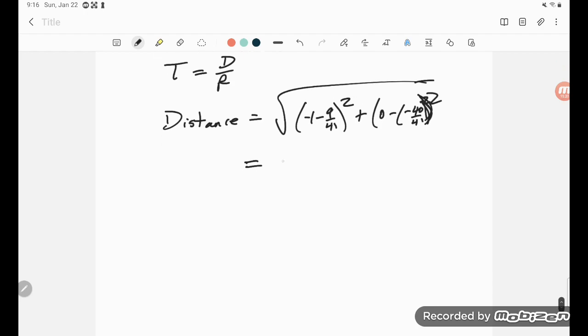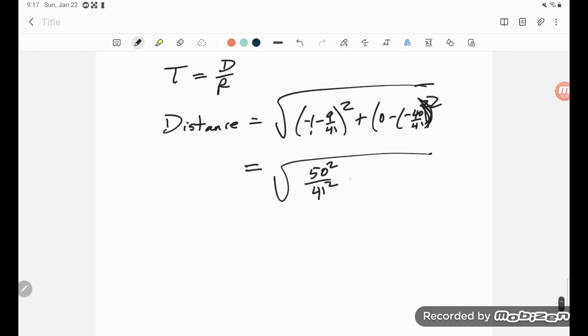So this is equal to the square root of, now, so I have, again, the 41 over 41, so I'll get a 50 squared over 41 squared. So I drop the negatives at this point because I squared. And then plus 40 squared over 41 squared.